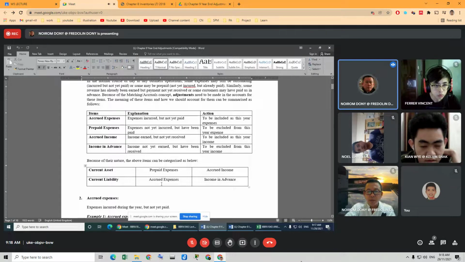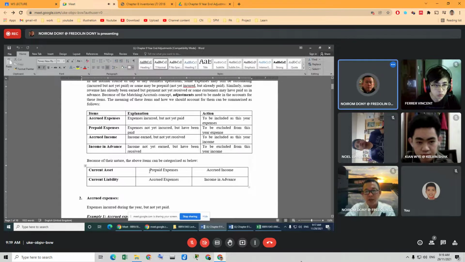Now, what about accrued expenses? Accrued expenses, okay, is an expense the business has already used but has not made payment for. So it's a liability, under current liability. That is the only thing you remember. You remember that one first.